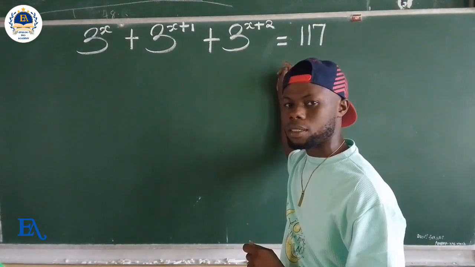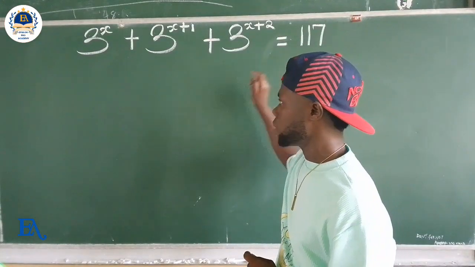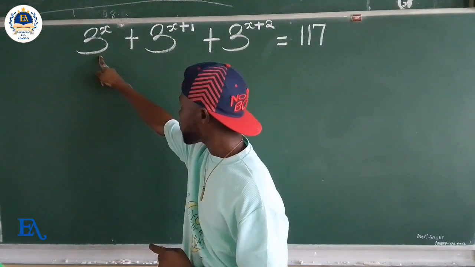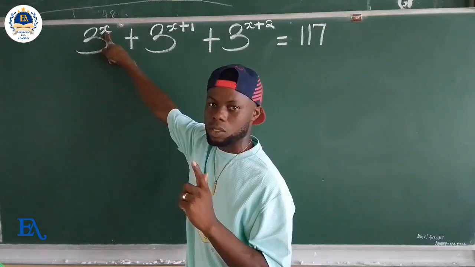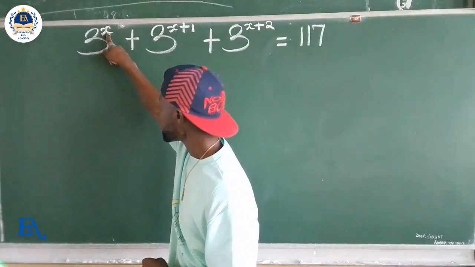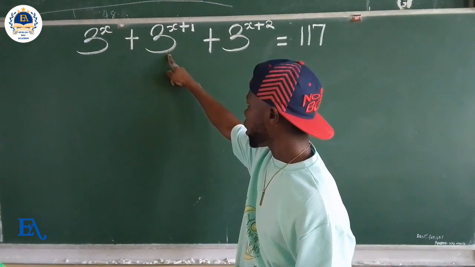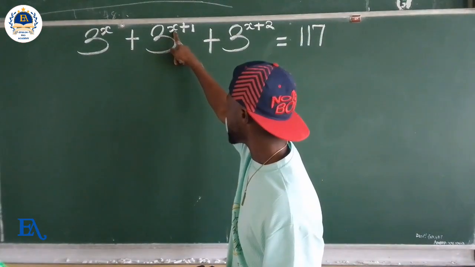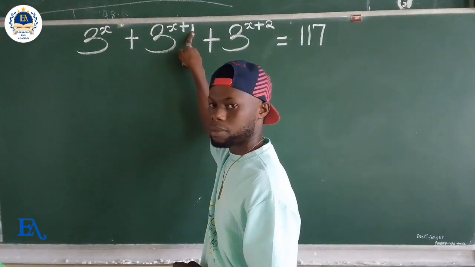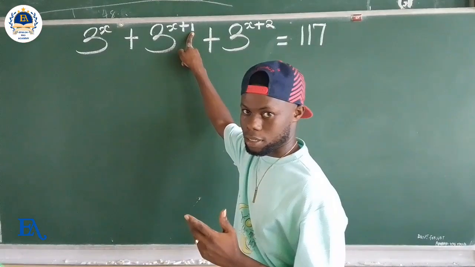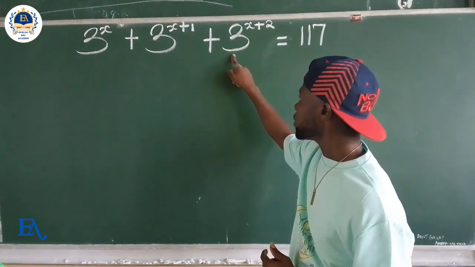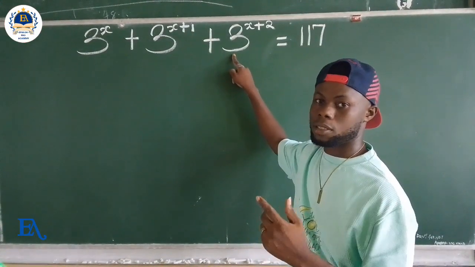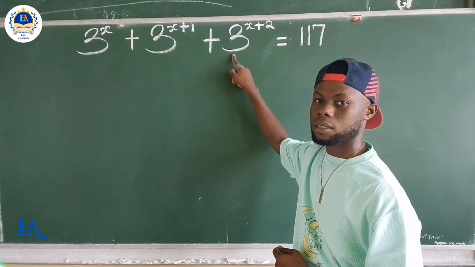In these numbers, I observe that the first number has one exponent, which is x. The second number has two exponents, which is x plus 1. Now the third number has how many exponents?